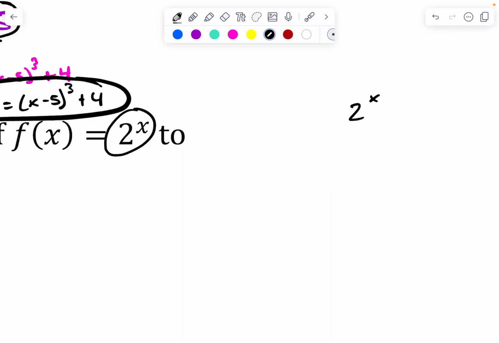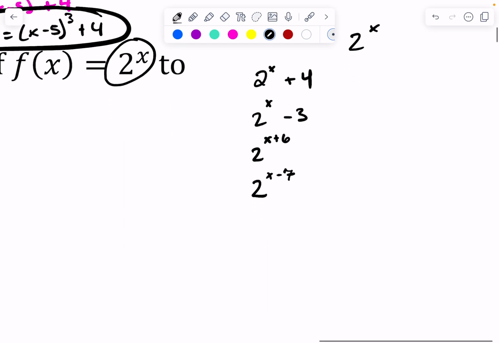Let's say I have 2 to the x plus 4, 2 to the x minus 3, 2 to the x plus 6, 2 to the x minus 7. Here are all different things that could happen. Let's say 2 to the 3x power, 2 to the 1/2 x power.